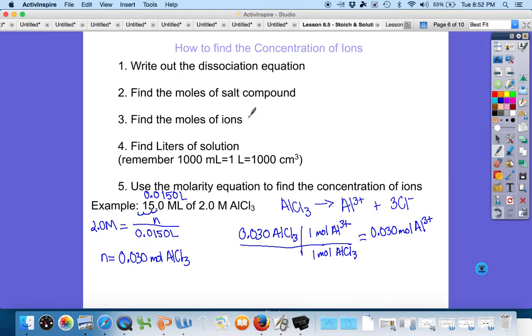So we found the moles of our ions. We already know our volume in liters.